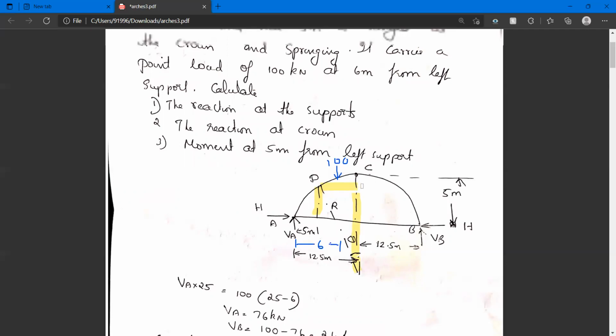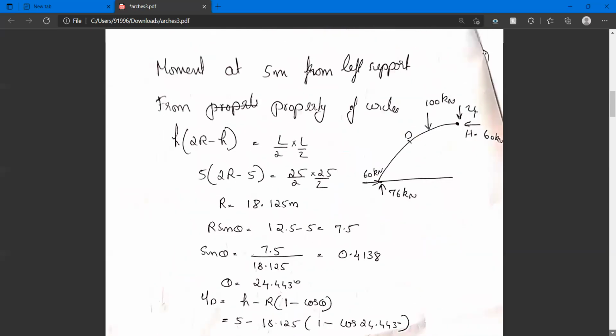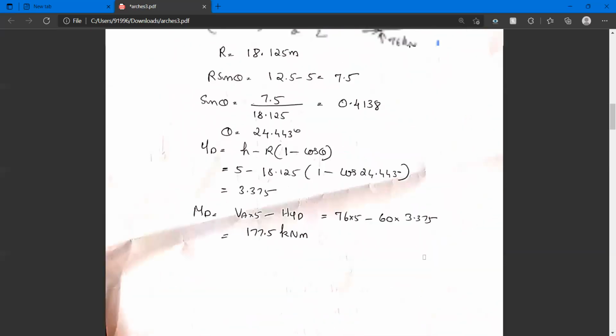So h minus r into 1 minus cos theta gives you the vertical distance yd. Like that you can find yd. Once you find yd, you can find out the moment at D. How can we calculate moment at D? VA into 5 minus horizontal reaction into yd.